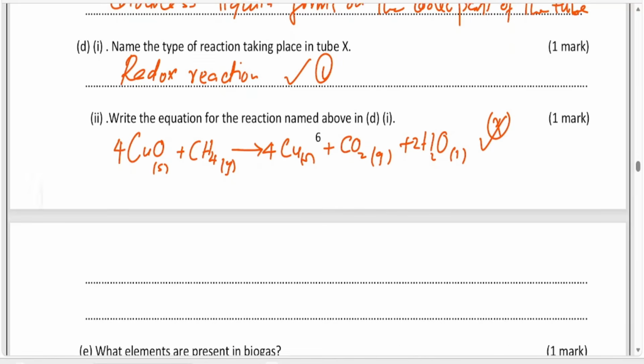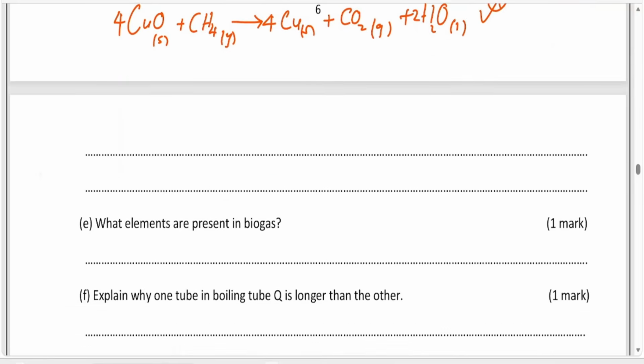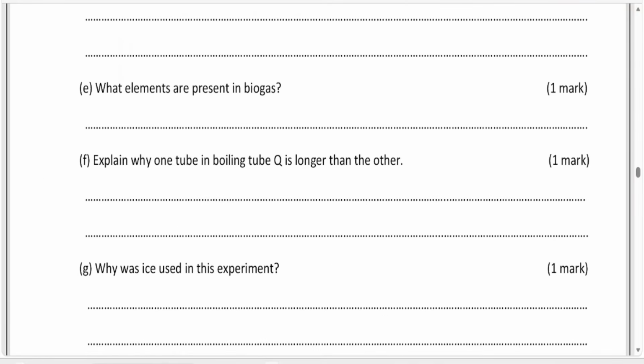Next question. What elements are present in biogas? In this case, we are being asked to identify the elements, not the substances or components present, but the elements that form biogas.